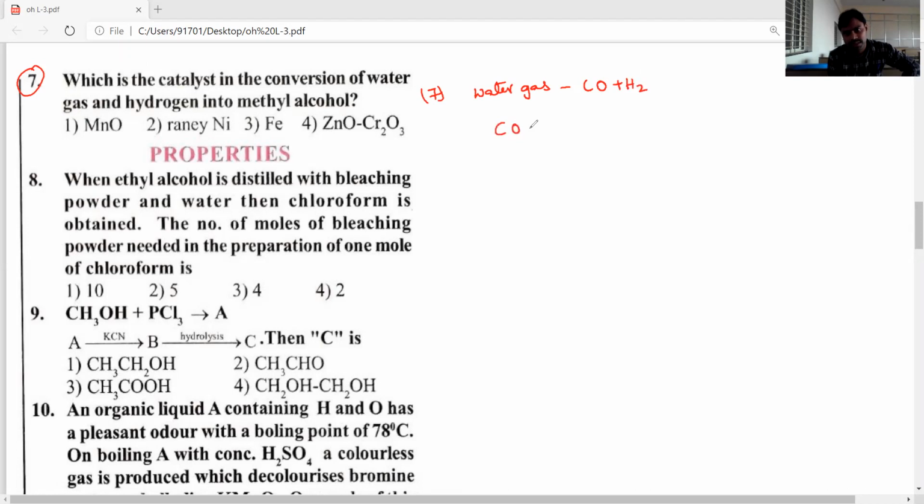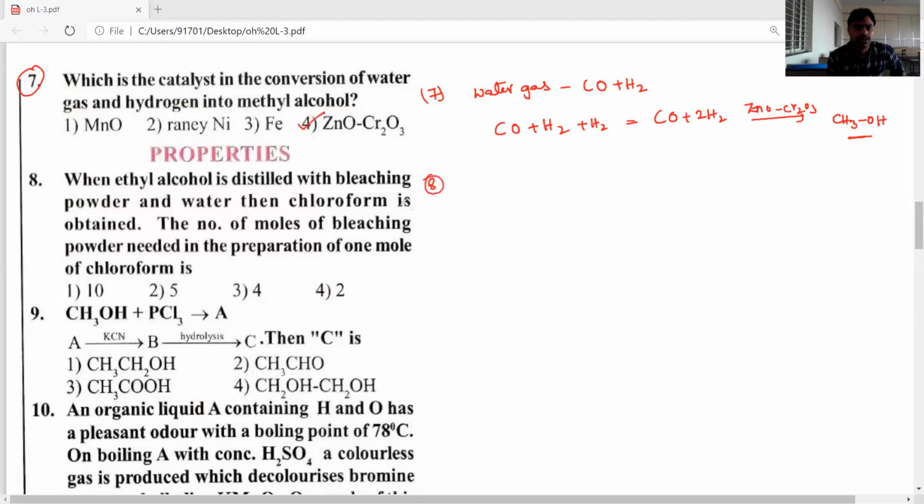This CO plus H2, that is CO plus 2H2, in the presence of zinc oxide and chromium trioxide, Cr2O3, is converted into methanol, CH3OH. It is the industrial method for the synthesis of methanol, and the important catalyst is zinc oxide and chromium trioxide. It is a selective catalyst that converts water gas into methyl alcohol. So the fourth option is correct.